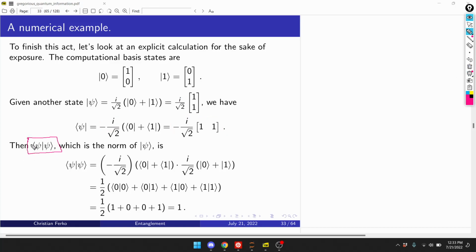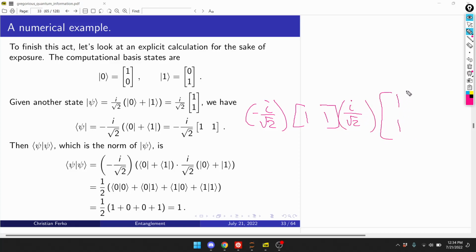Now, what does this symbol, bra psi ket psi, mean? That means take this element of the dual space, evaluate it on this element of Hilbert space, which again is evoked by our notation where we use row vectors and column vectors. So if I write this out in vector form, this will be minus i over root 2 times the row vector 1, 1, times the ket, which is i over root 2 times the column vector.